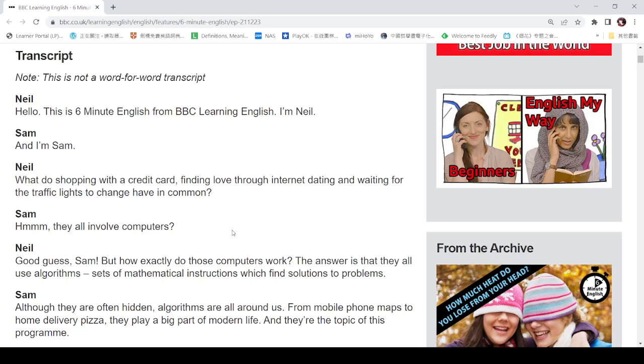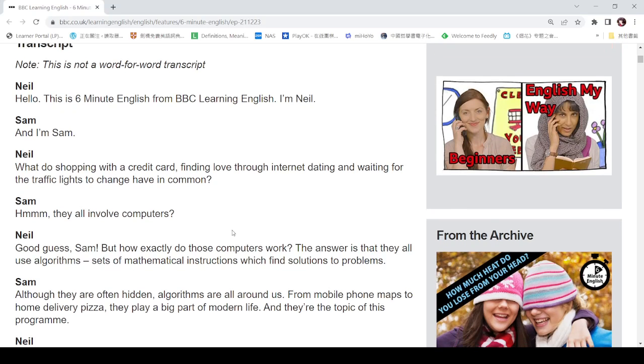The answer is that they all use algorithms, sets of mathematical instructions which find solutions to problems. Although they are often hidden, algorithms are all around us. From mobile phone maps to home delivery pizza, they play a big part in modern life, and they are the topic of this program.